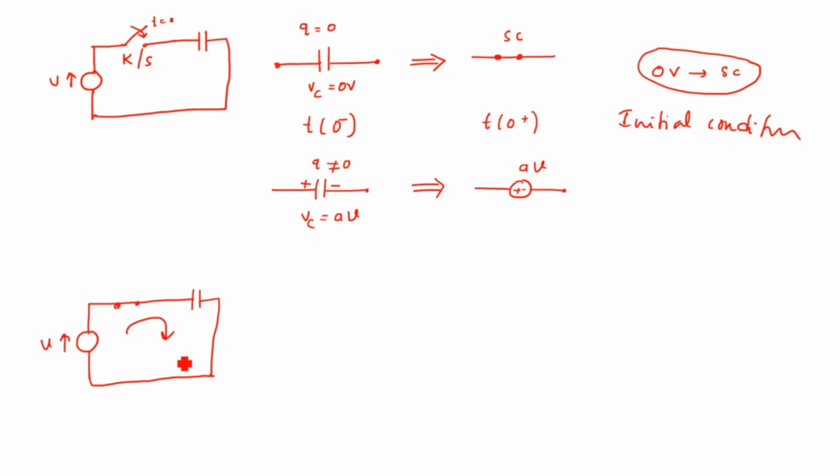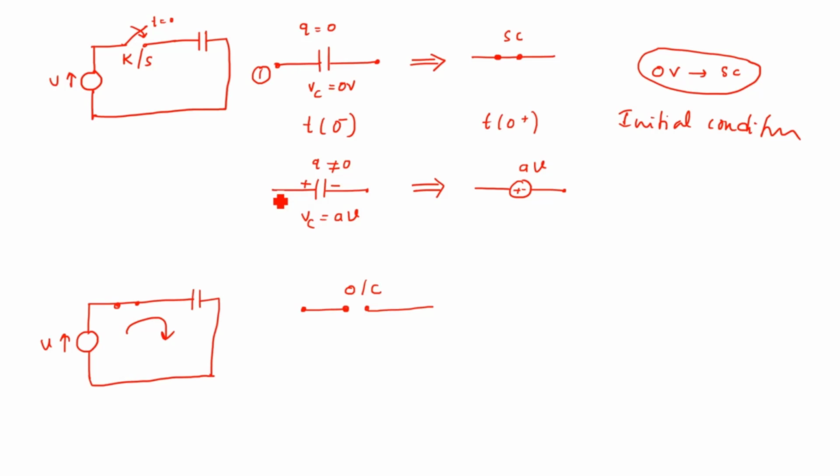At some time interval, the capacitor is completely charged. Once the capacitor is completely charged, it acts as an open circuit. So this is the equivalent circuit for this first case. These are the initial conditions and these are the final conditions.